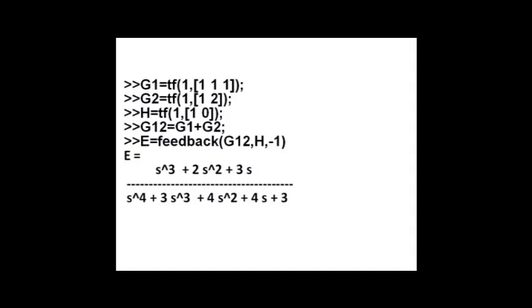In the fourth command line, we find G12 from the addition of G1 and G2. In the fifth command line, we exercise feedback from G12 and H, and the result is kept to user chosen E. E displays the transfer function, which validates our last slide transfer function requirement.